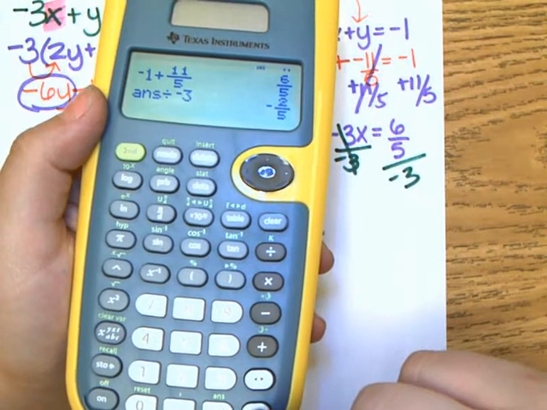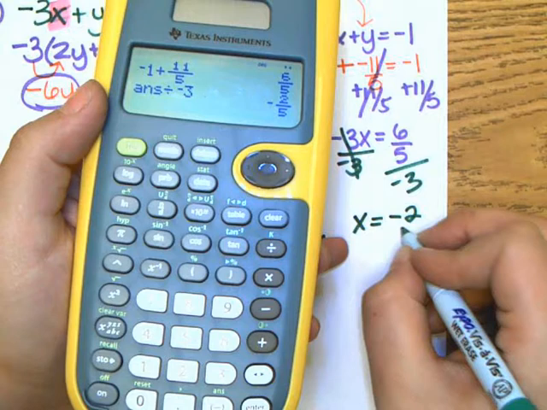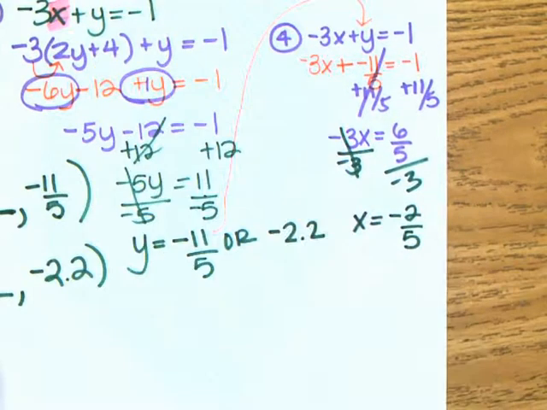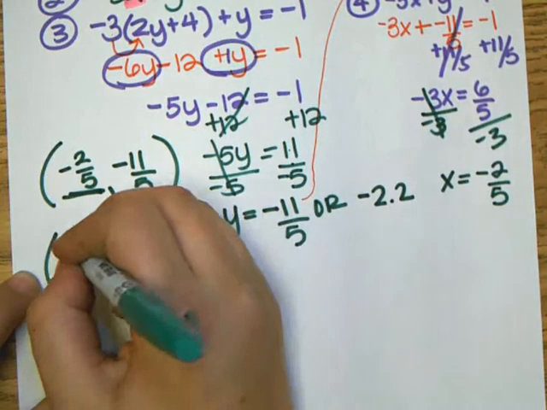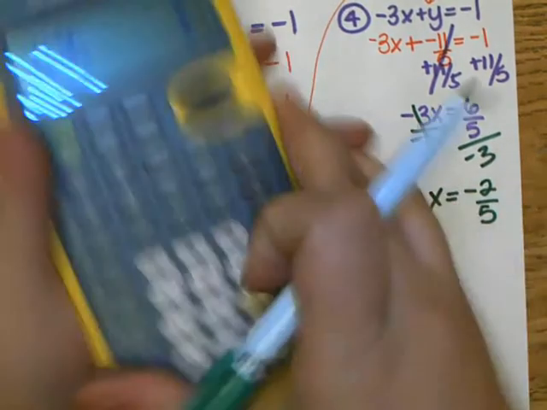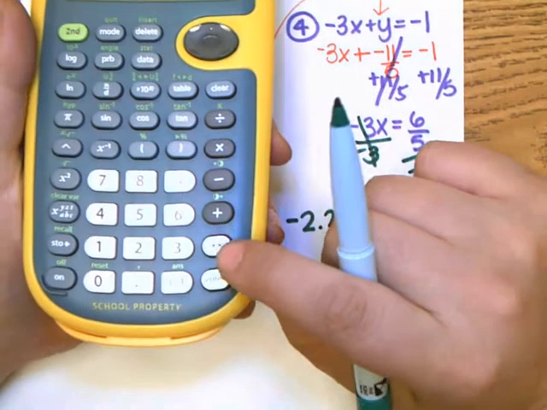Then we're going to divide by -3. So we're going to do 6/5. We're going to take that answer and divide that by -3. So we get that x equals -2/5.